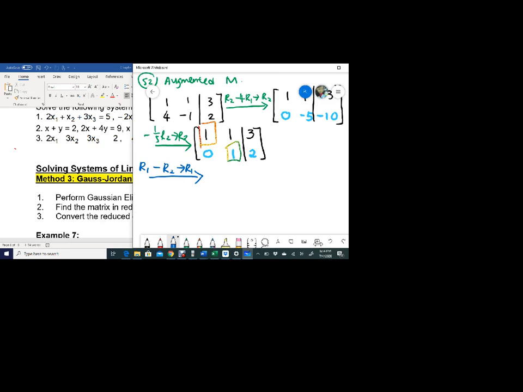So 1 minus 0, you still have 1. 1 minus 1, you have 0. 3 minus 2, you have 1. Is that okay? The rest, since we are not doing anything, just copy back. After that, just rewrite back into the system.